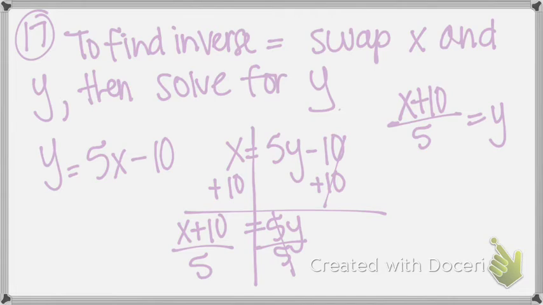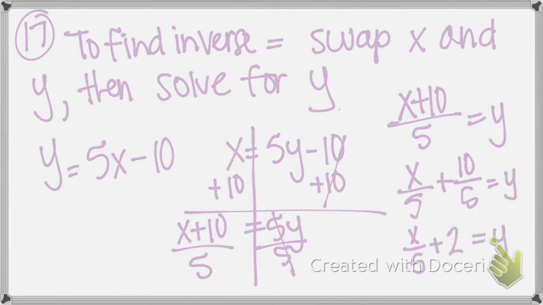We can break that up since that fraction bar is underneath x and 10 and say x over 5 plus 10 over 5. And I can break it down one more time and say x over 5 plus 2 equals y. Okay, so any of those are correct. Normally you will see this first one. The rest of them are just simplified.